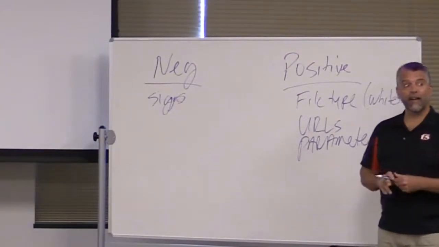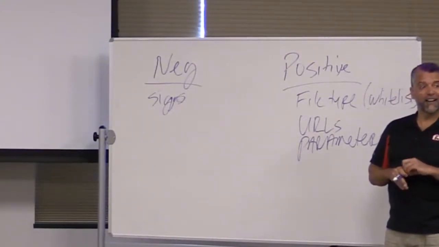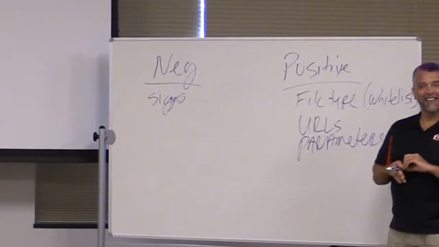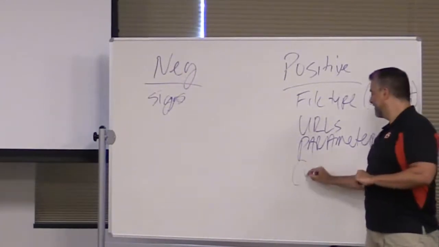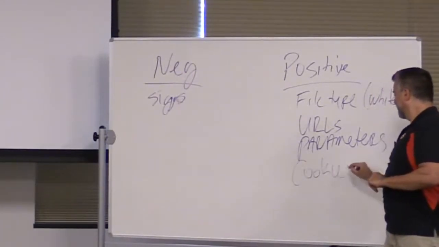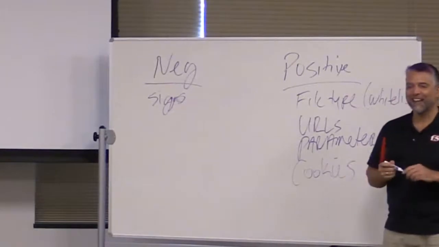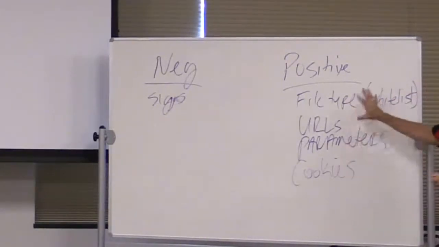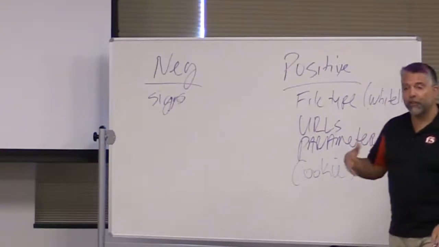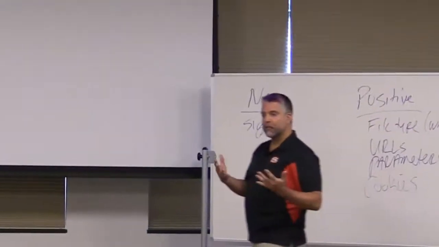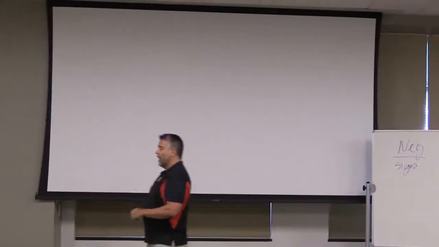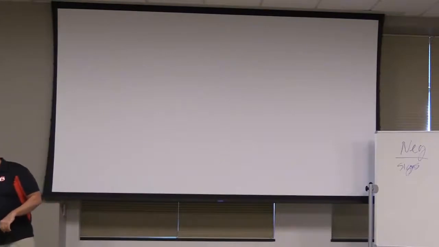You had them on Friday after lunch. Cookies, yeah. There we go. This is just a small sample of the things we can create positive security for. And so file type checking is just the first example that we can do.